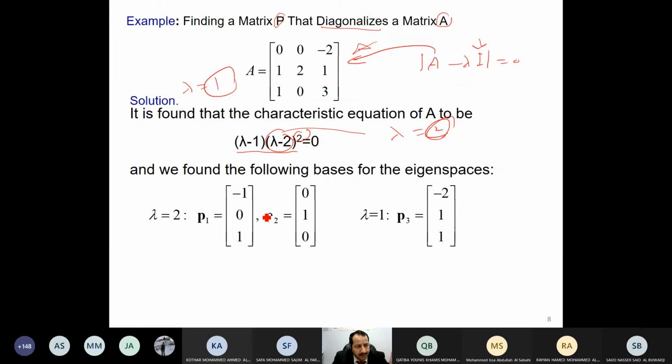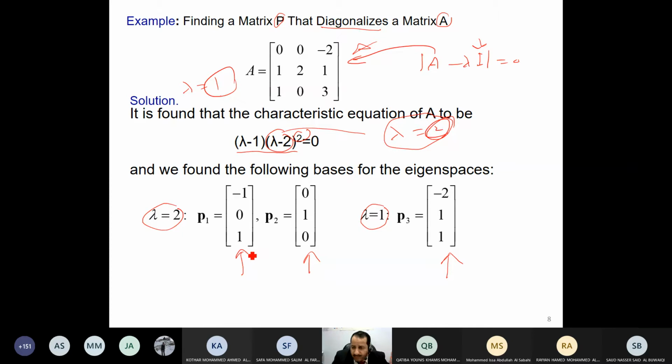Now, for lambda equal 1, I go through the same procedure to find the eigenvector, and I got this eigenvector. I repeat the same thing for lambda equal 2, and I got 2 eigenvectors. This is 1, this is 2.